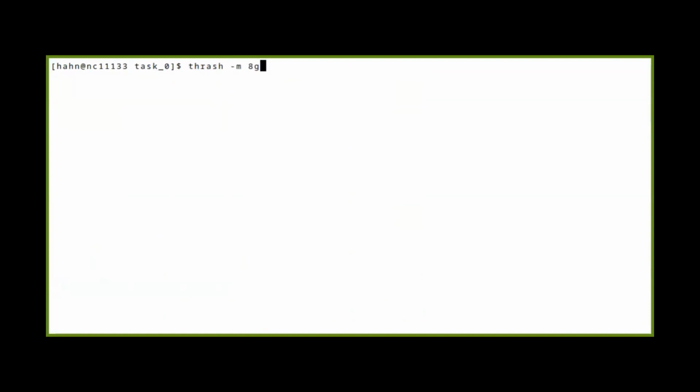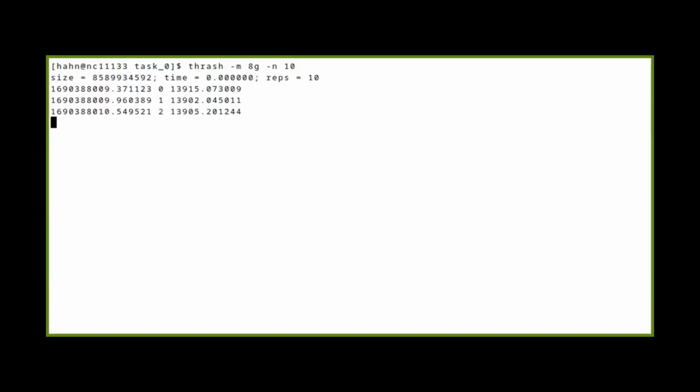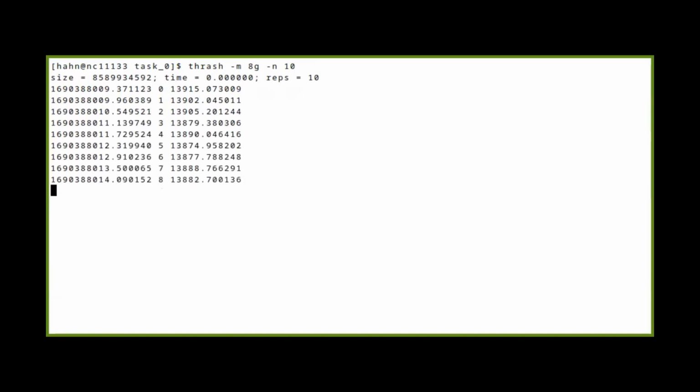So I'm just running a program I wrote called Thrash. It's actually a version of the stream memory benchmark, but it's kind of good because it generates a single stream workload of well-known properties. So this allocates 8 gigs of memory and then just keeps filling it with a constant character.